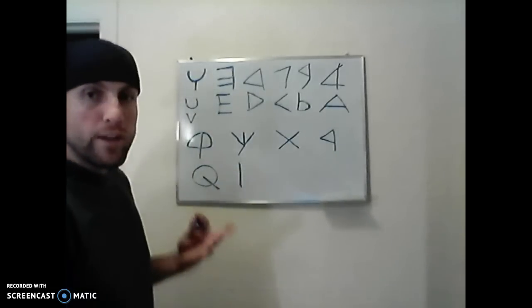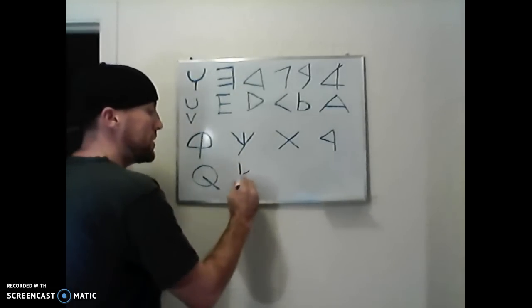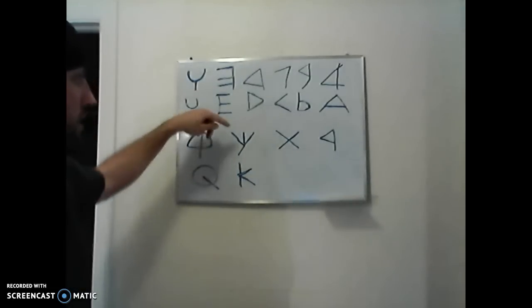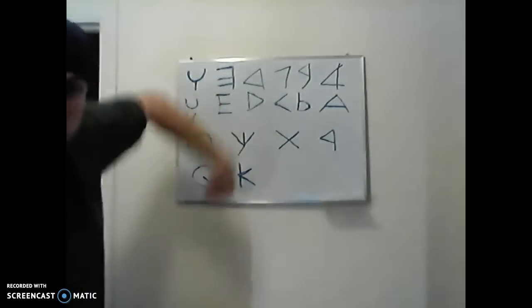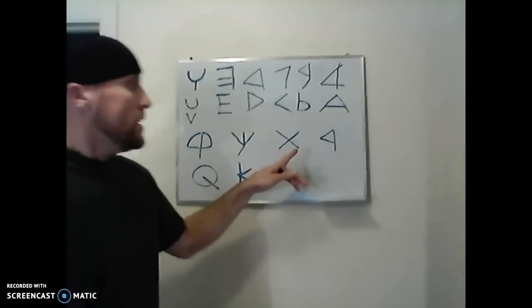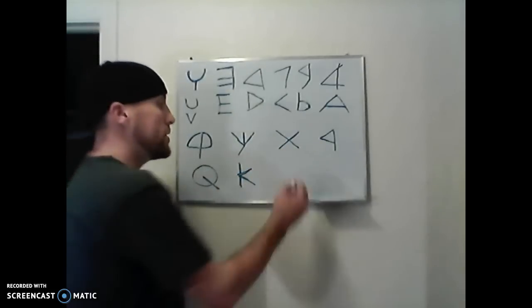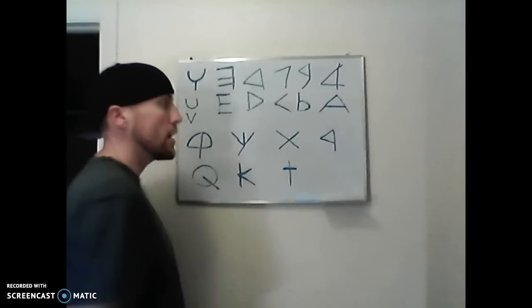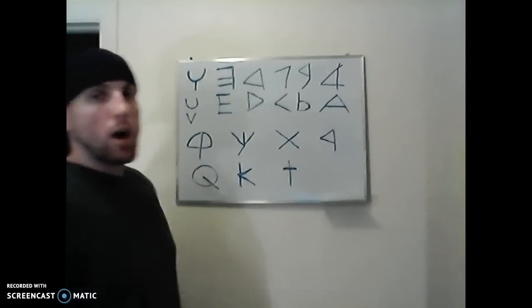So instead of kof, it's calf. And this is the same as our letter K. Can you see how they just sort of turned it to its side there? All right, so this is the letter Tav, or T. All right, and this is the letter R.